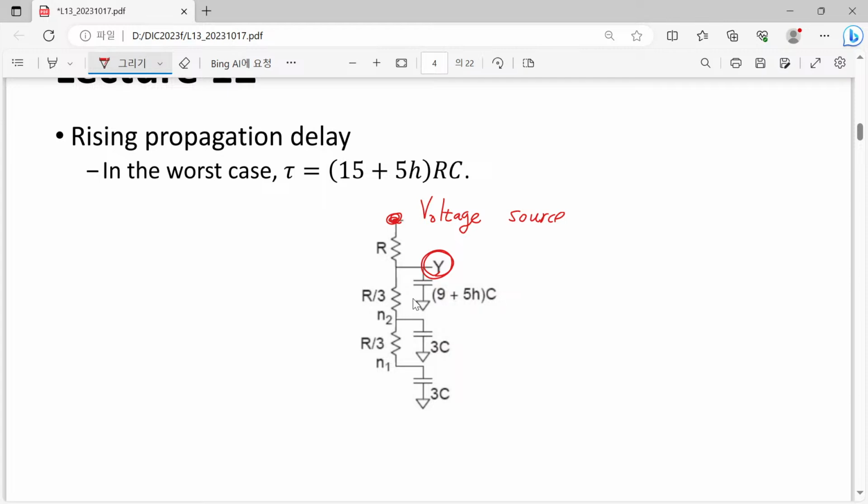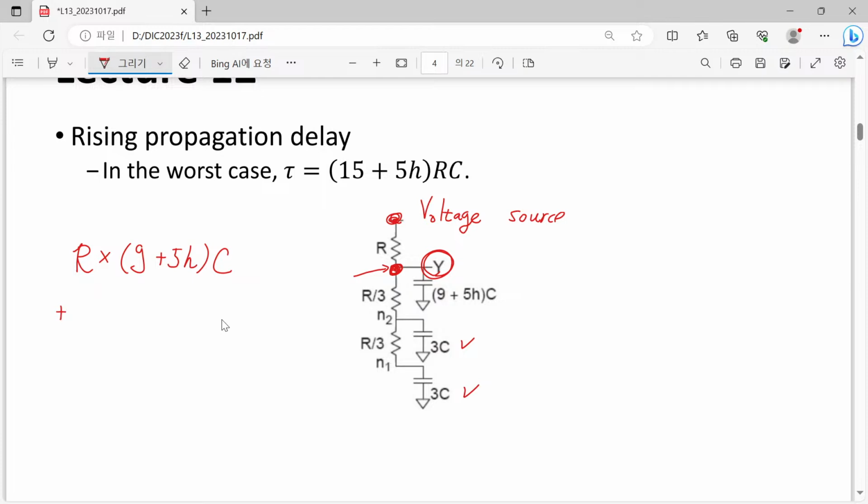Previously, when we considered the time constant of this Y node, I told you that it neglected 3C and 3C, but it's not.